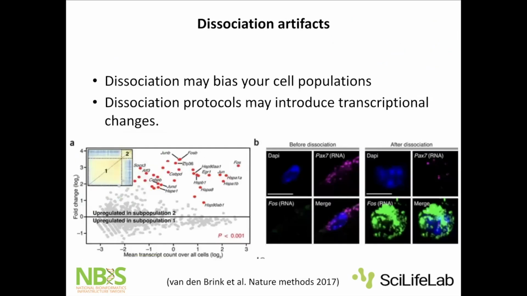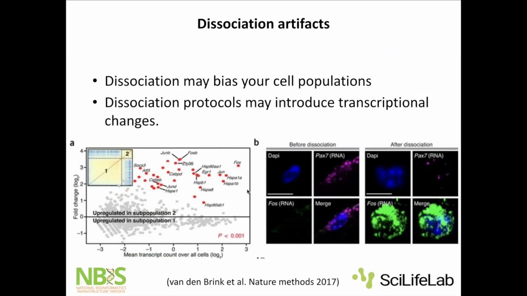There's also the issue that if you have live cells and you add all these dissociation enzymes, you will introduce some transcriptional programs related to stress in the cells. It's been shown in a few experiments that this specific dissociation signal is turned on in the cells when you dissociate them.